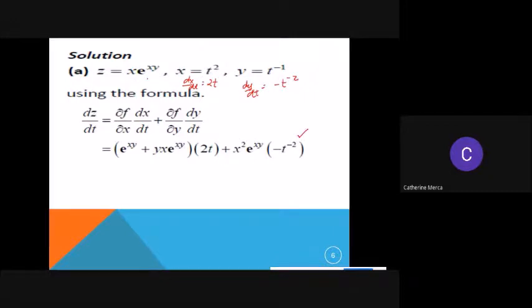Again, kaning partial of f with respect to x. You have there, partial of f with respect to x is, consider this as your value x. So, pagkuha ng derivative ani, that will be 1. Then this is a constant.